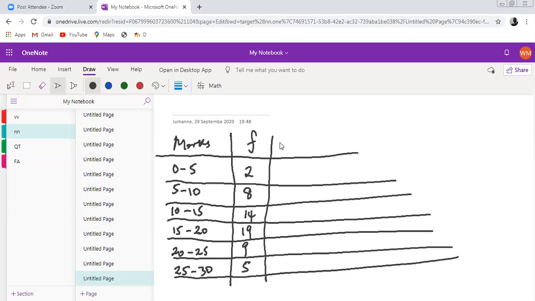What you need to do, come here and construct your cumulative frequency column. Start with the first frequency, which is 2. You go adding: 2 plus 8 is 10, 10 plus 14 is 24, plus 19 is 43, and then this one is going to be 52, and this one is going to be 57.